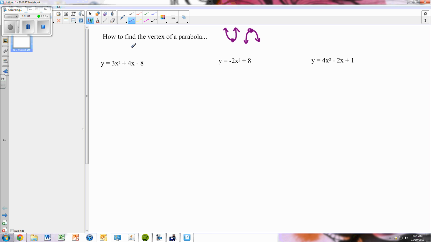First of all, in order to find the vertex, you need to know that the standard form of a parabola is the equation y equals ax squared plus bx plus c.